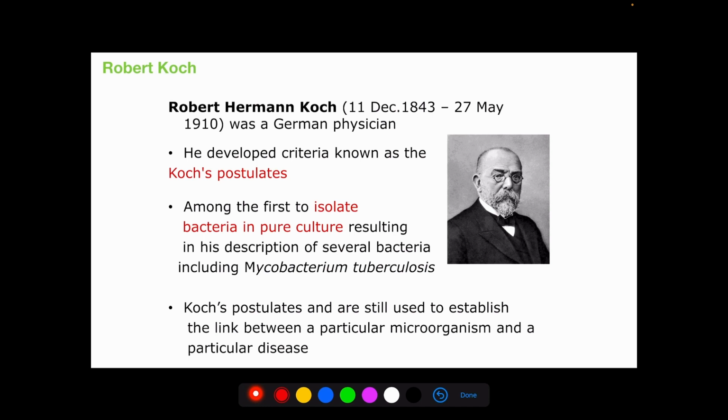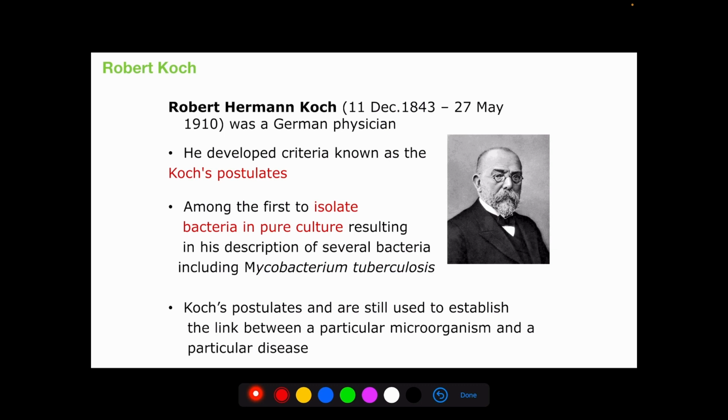And he said that for us to establish the cause of any disease, we should be able to identify a specific microorganism causing that disease. And so, as part of his works, he was able to isolate bacteria, including Mycobacterium tuberculosis. Hence tuberculosis being referred to as Koch's disease.